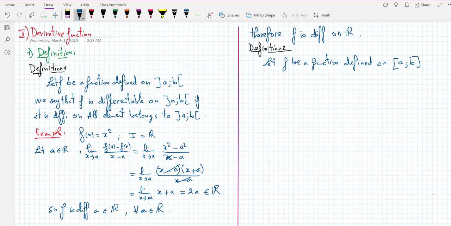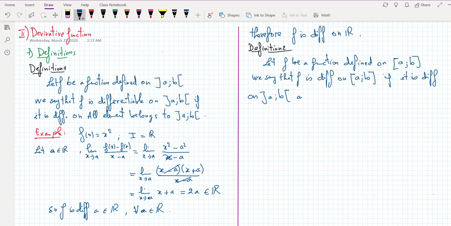So, in order for f to be differentiable on AB closed, it must be differentiable on AB open, differentiable on the right at A, and differentiable on the left at B.